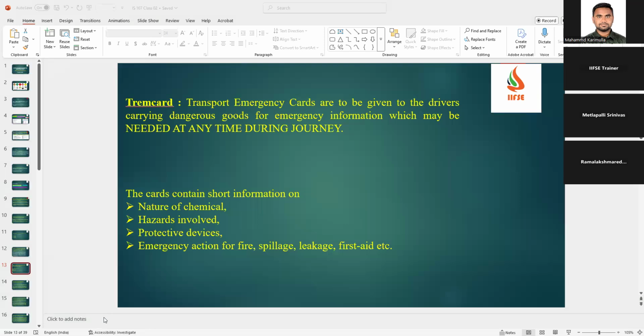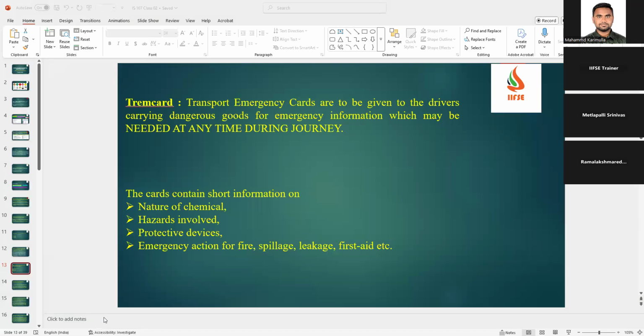What are protective devices, sir, then? When you say protective devices, in the sense of firefighting, or sometimes hazardous containers or vehicles will carry some beads also. In case of small leakages, they carry pegs or wooden pegs to stop the leakage. All these come under emergency equipment or protective devices.